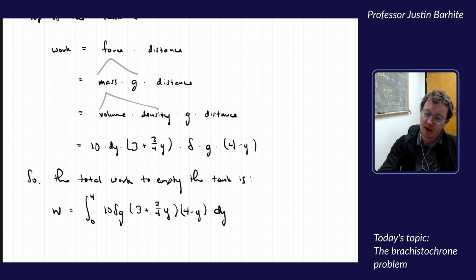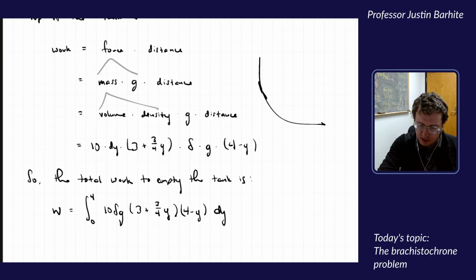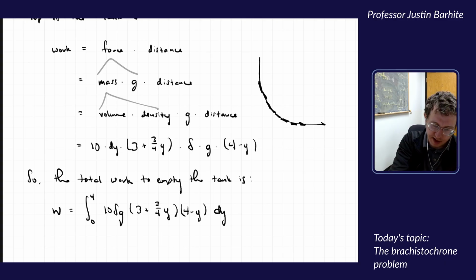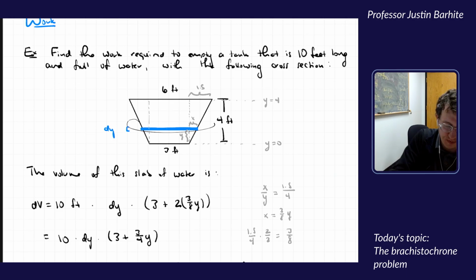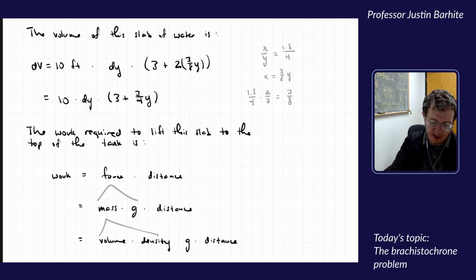Arc length. It's hard to figure out the length of a curve, but if I break it up into little pieces and I pretend they're all straight line segments, well, I can find the length of a straight line segment, and then I add them all together with an integral. Work. I look at how much work I need to do for one little piece, and then I add them all together with an integral.